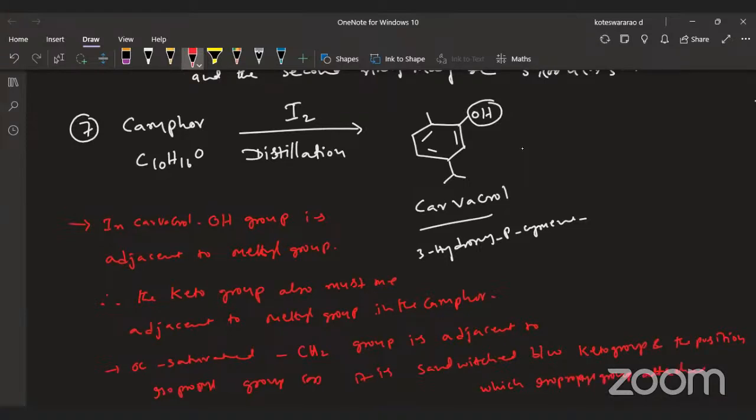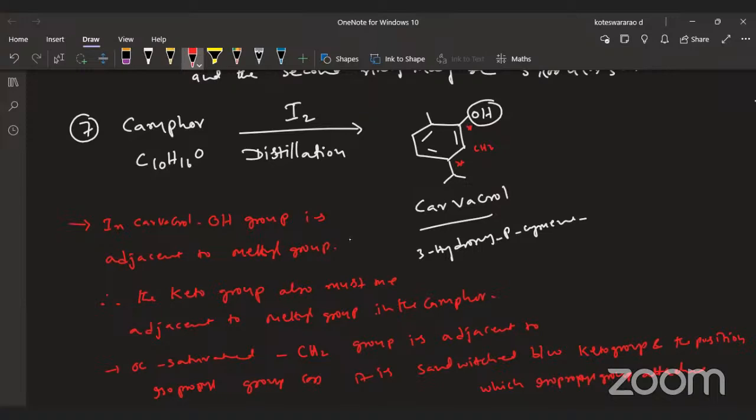This is the isopropyl group attached position. This is the keto position. This CH2 group is sandwiched between this keto group and the isopropyl group attached position. These three facts are revealed by this reaction.